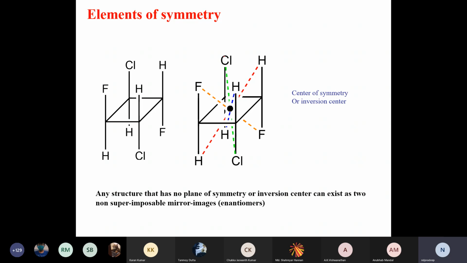I gave this example in a previous exam for a previous batch. You see this. I'm drawing the element of symmetry.